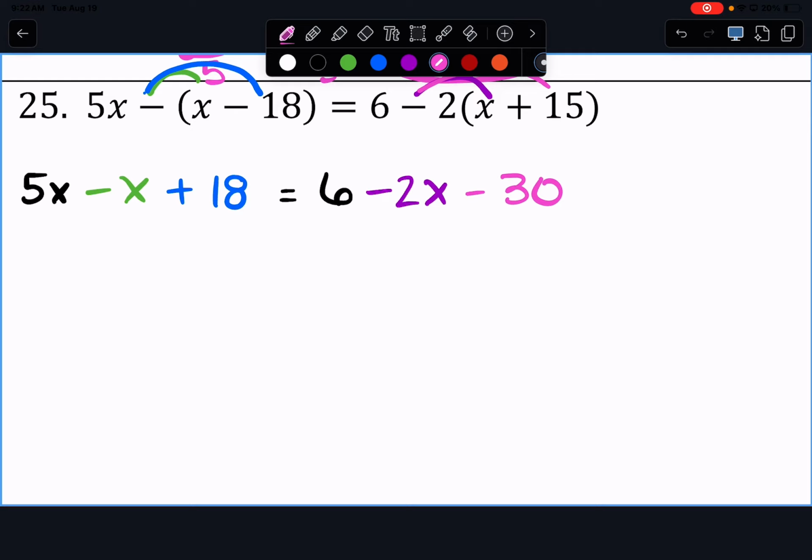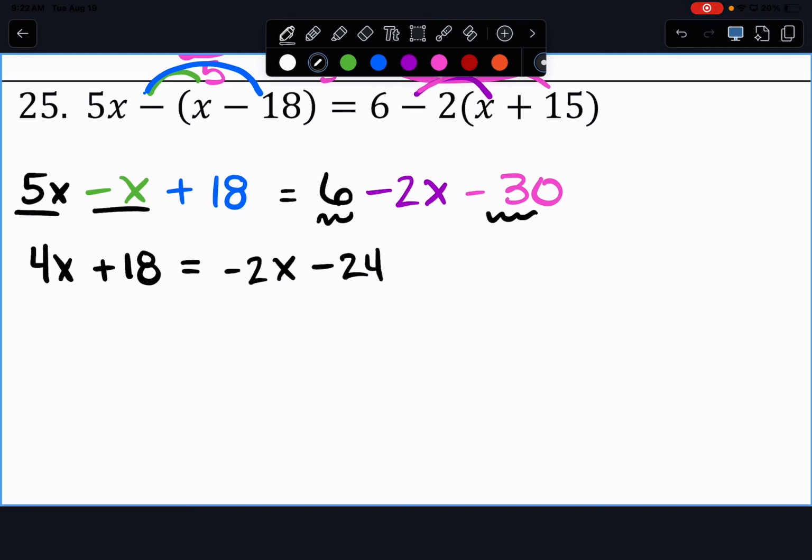On the left side, what is our like terms? What is 5x minus x? So we get 4x plus 18 equals, then the right-hand side, what is my like terms? What is 6 minus 30? So we get negative 2x minus 24.